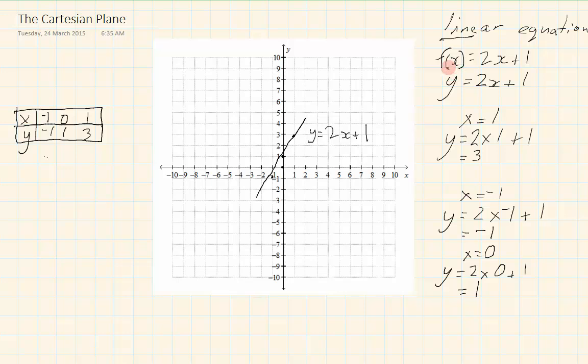So it's saying the function of x is equal to 2x plus 1. So when you input a value of x, f(x) is going to be the result, which in our case will be our y values. So f(x) and y are equivalent. So don't get confused by that. Just for what we're doing now, f(x) equals 2x plus 1 is the same as y equals 2x plus 1. It's just a different notation for us.